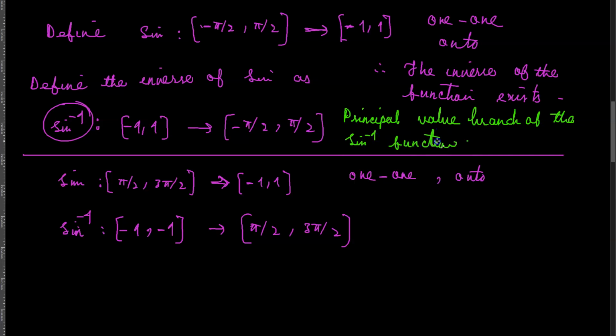Of course, you do understand that other than that, you can define anything as long as the inverse exists. You can, of course, define the inverse and you can work with it. But this one is called the principal value branch of the sine inverse function, right?